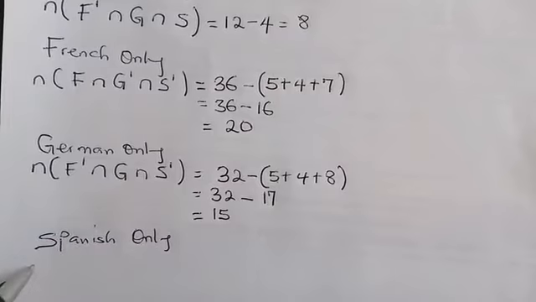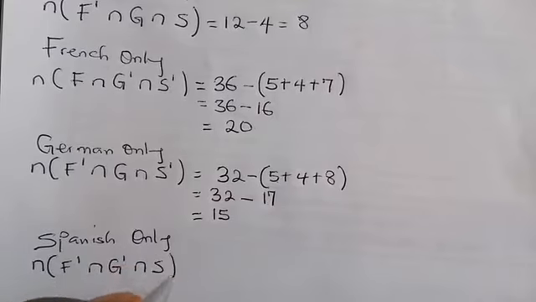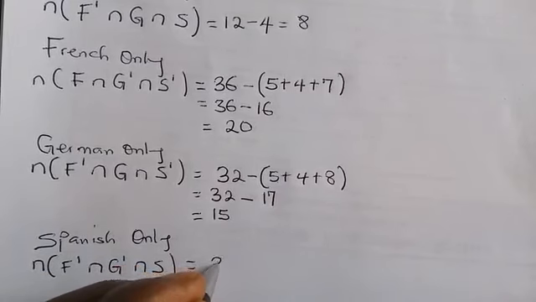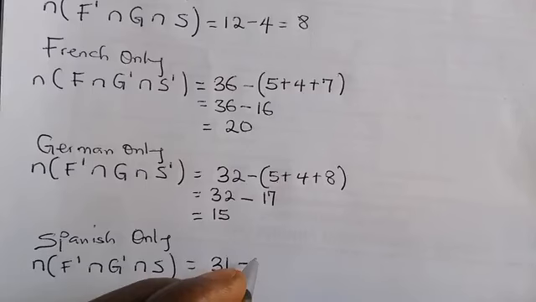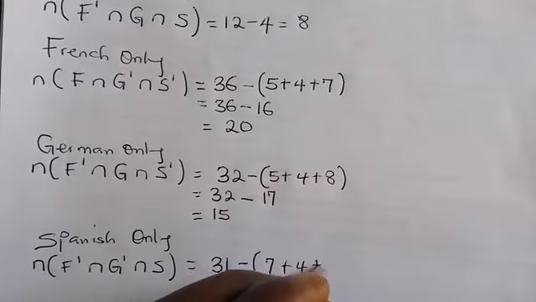Spanish only will be the cardinal number of F prime intersection G prime intersection S, and that will be equal to 31 minus, for Spanish we are going to have 7 plus 4 plus 8.